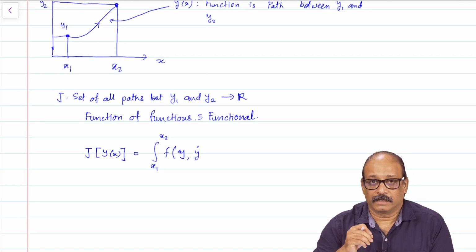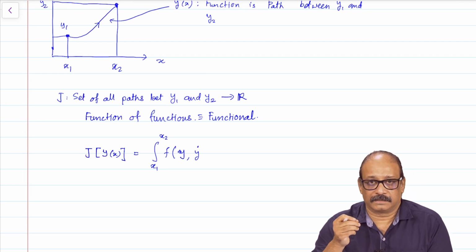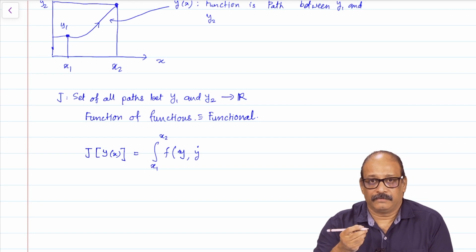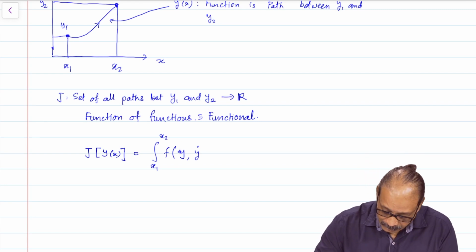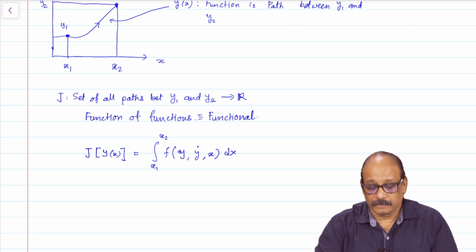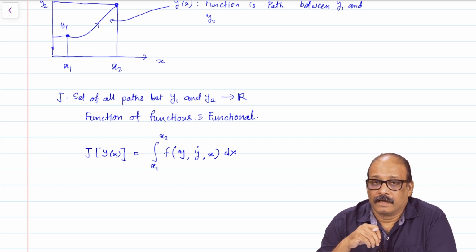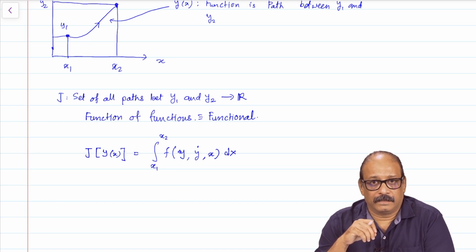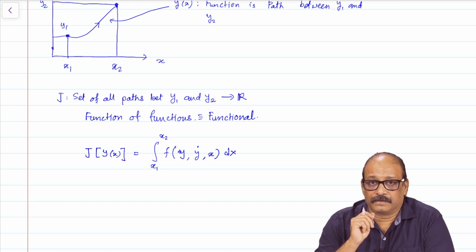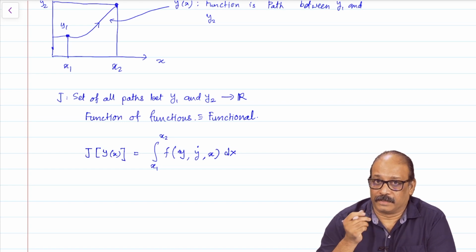Here y dot is the derivative of y with respect to x. Commonly we of course write it as y prime. So, these are the kind of functionals that we are interested in. Why does it not depend on y double dot? I will leave that question to you to figure out.